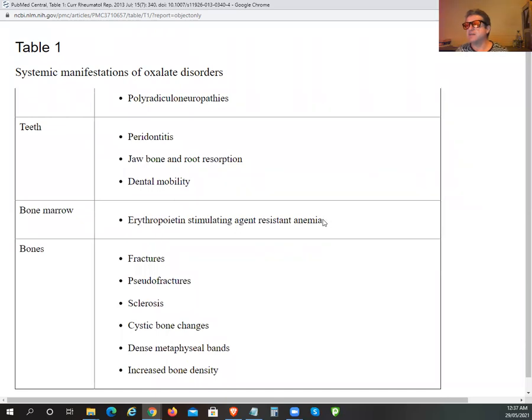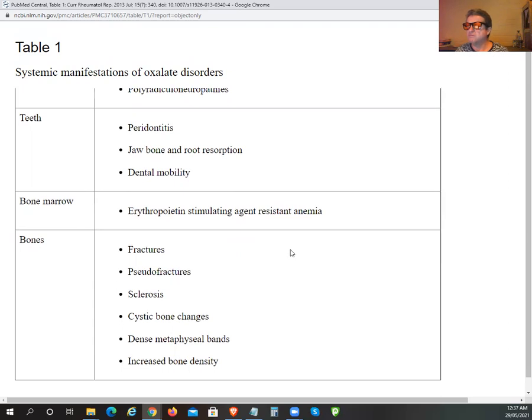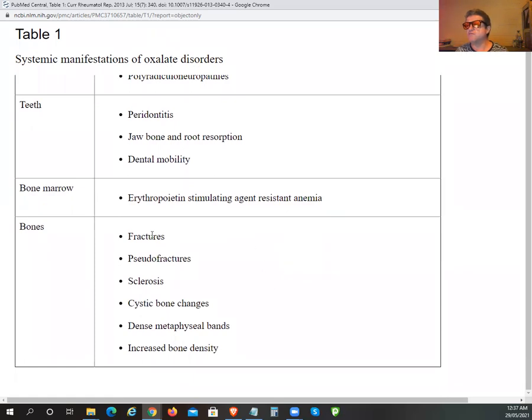So even affecting, having a relationship with anemia. More dysfunctions, fractures, pseudo fractures. Yes, we know a lot of the vegan doctors do suffer these. So it's not only their poor diet, but potentially the incorporation of a lot of these.